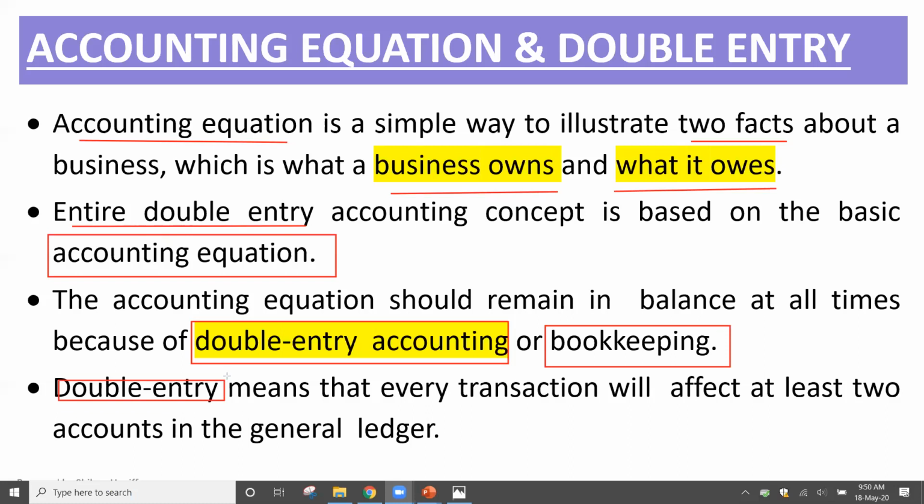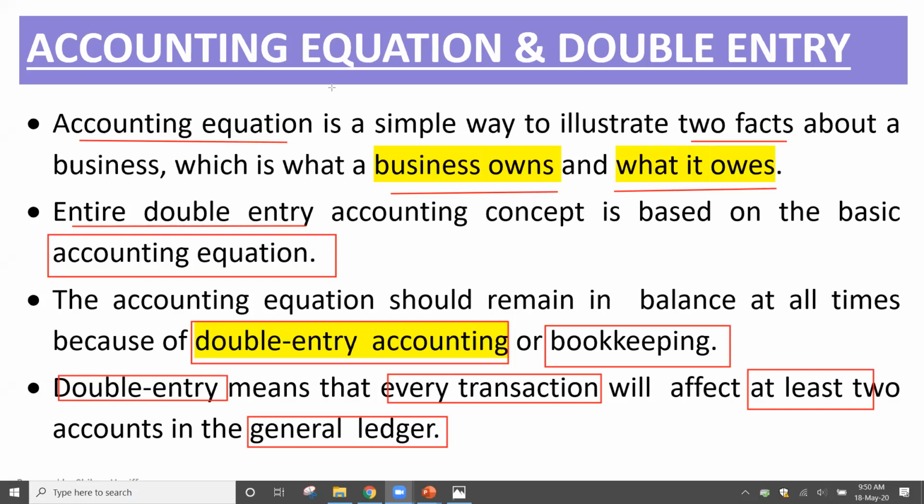Double entry means that every transaction will affect at least two accounts in our general ledger. So that is what is meant by the accounting equation and the double entry system.